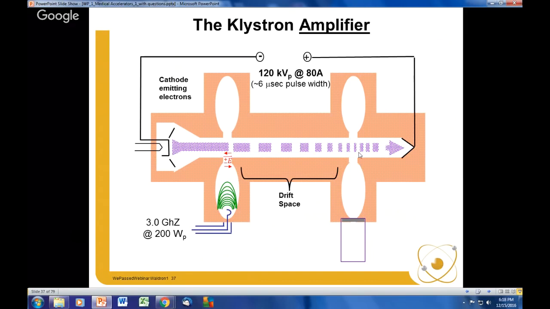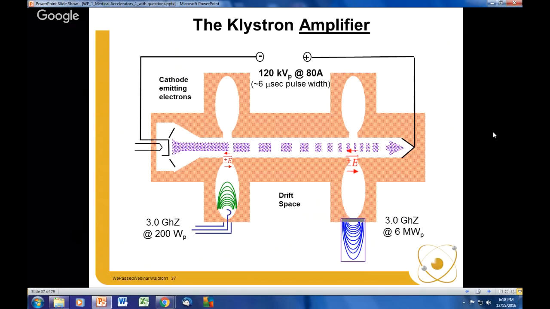And this is due to the increase of the charge density. The current here might be 80 amps continuous. The current here is 80 amps varying over a few nanoseconds. And that, of course, is that very high instantaneous current value produces a very large electromagnetic field in this catcher cavity.